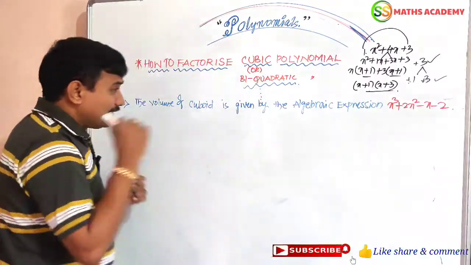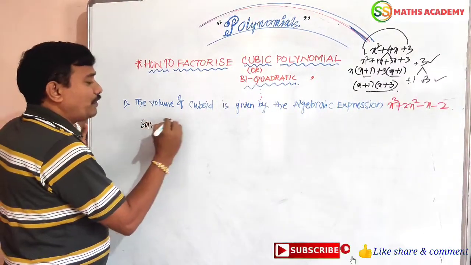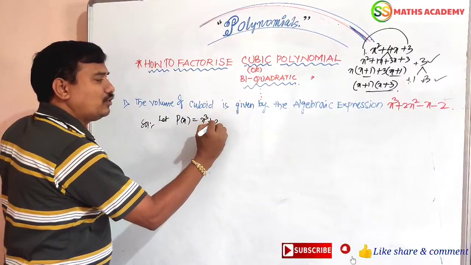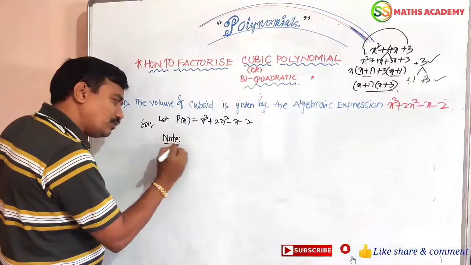Let us see better. If you want to find the factors, you have to remember two notes. Let p of x be a polynomial, that is x cube plus 2x square minus x minus 2. You have to keep two important notes in your brain.